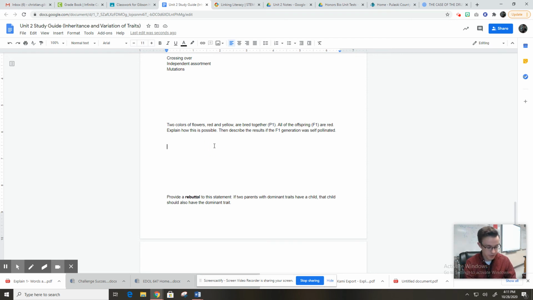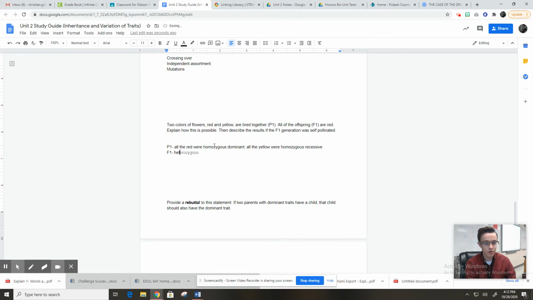Well, first of all, I'll just say in P1, all the red were homozygous dominant, all the yellow were homozygous recessive. Okay? F1 are all heterozygous, all of them. Okay? If you don't believe me, work it out in a Punnett square.